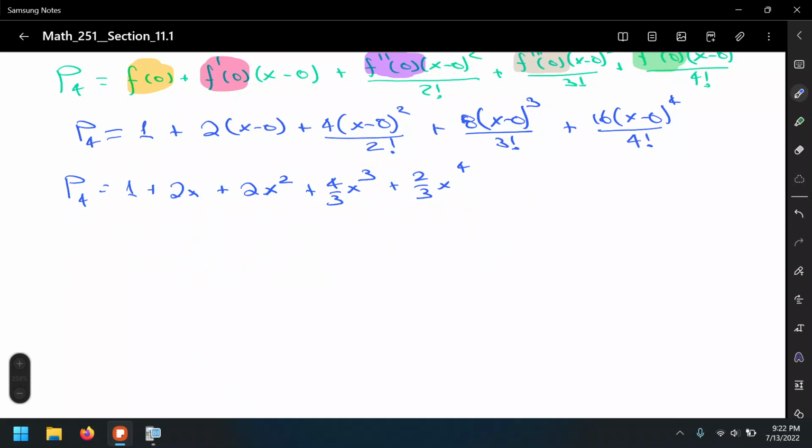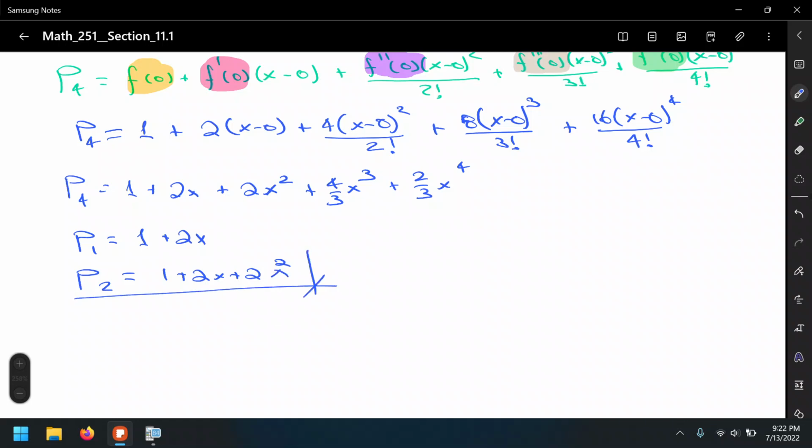So I also need to write P sub 1, which represents the linear approximation, that is the first two terms. And they also asked us for the quadratic as well, P sub 2, which is the first three terms. And those are our approximations here.